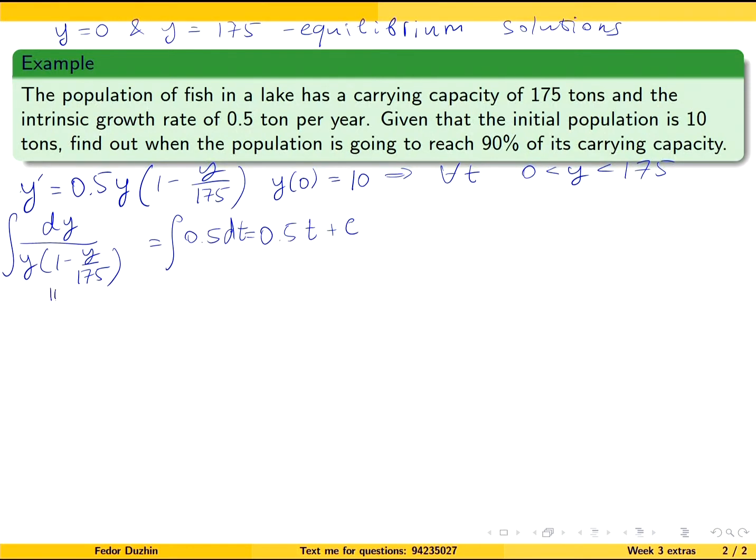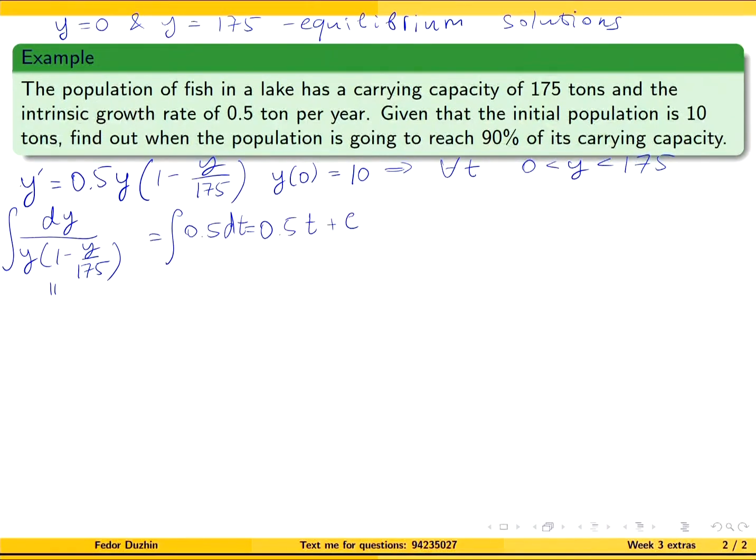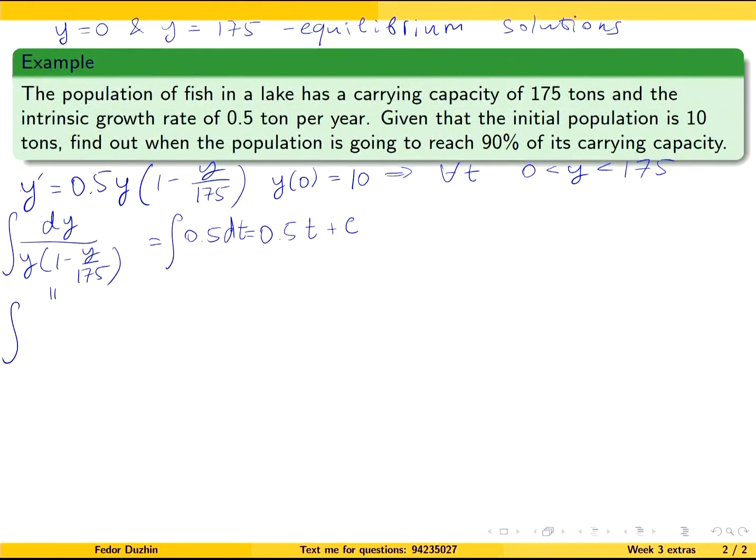How do we integrate the left hand side? The left hand side is a rational function. To integrate a rational function, we need to express it as a sum of partial fractions. So we need to write that this is the sum of some constant over y, plus some constant over 1 minus y over 175. How do we find these constants? Well, first notice that whatever this constant is, times 1 is going to get us the 1 that is here.